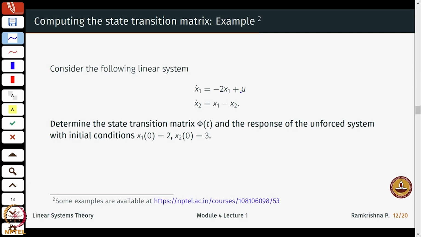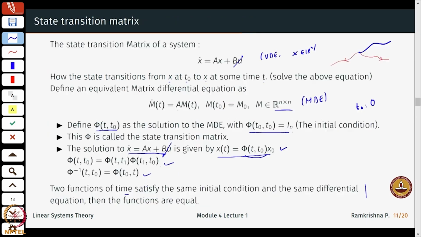Again, an unforced system, so u goes to 0. Then I have that the system matrix is of this form. Just before this, why am I writing this in a little more generality? Because this notation can also be used when I am using a time varying system, for example.